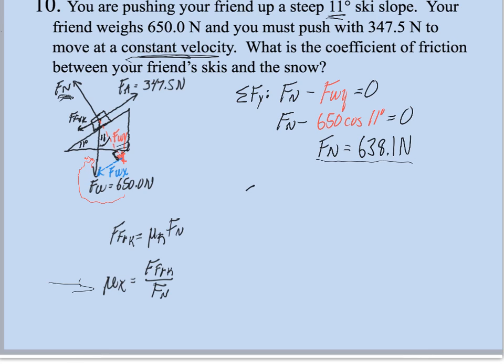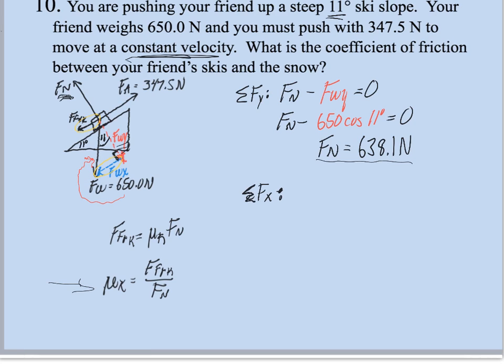All right, let's sum the forces along the x. This one's a little different than the previous ones because in the previous ones we only had 2 forces going along the x-axis, but here we're going to have 3. So take a look at the picture here. What do we see pointing down the hill? I see the friction force pointing down the hill, and I see FWX pointing down the hill.